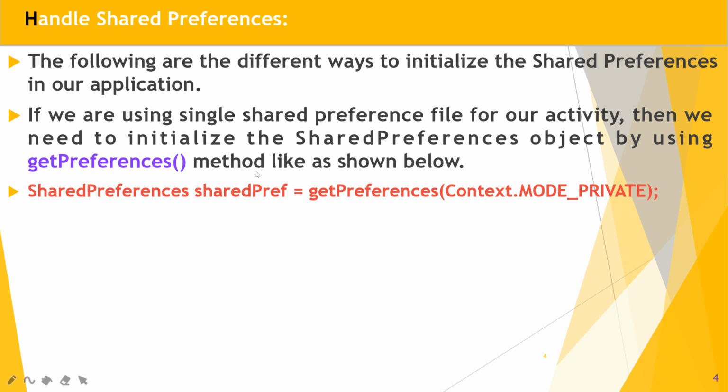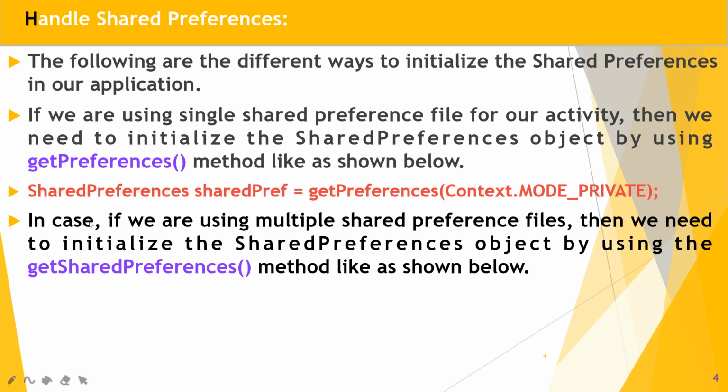So SharedPreferences sharedPref, this is the name of the object, is equal to getPreferences method. To the getPreferences method, we have to pass one argument, that is the mode, Context.MODE_PRIVATE. That means these preferences we have to use within the same app only. We cannot retrieve the data from another app. Great. So SharedPreferences is the class, and this is the object of the SharedPreferences class.